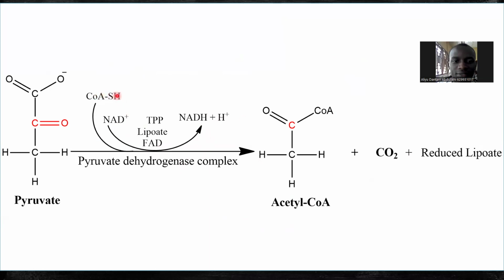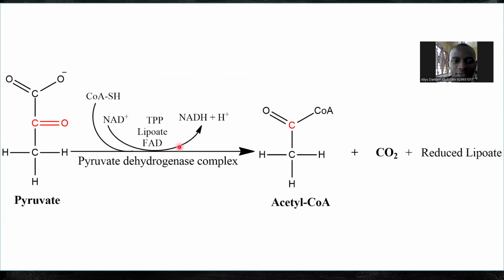CoASH is an input, which produces the acetyl-CoA here. And then you see, it gives off CO2. It requires coenzyme FAD as well. You have TPP, thiamine pyrophosphate, which is needed by this enzyme complex, and lipoic lipids are also required by this enzyme.